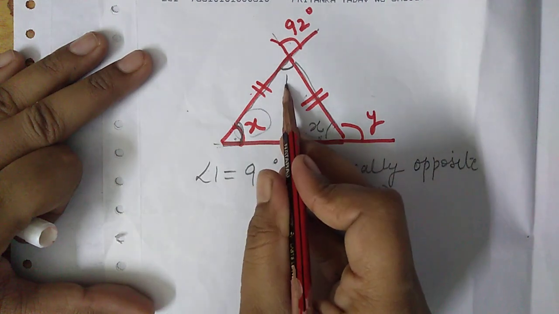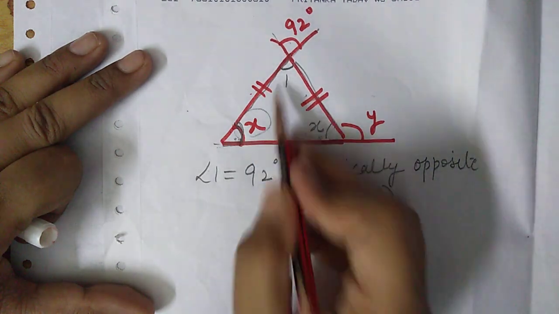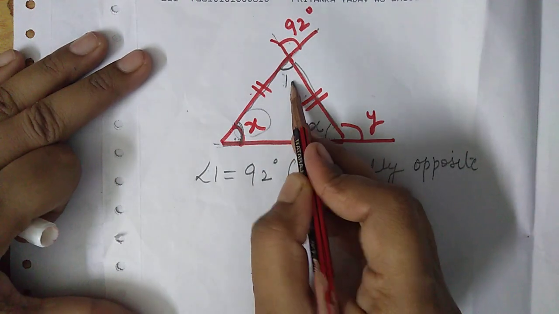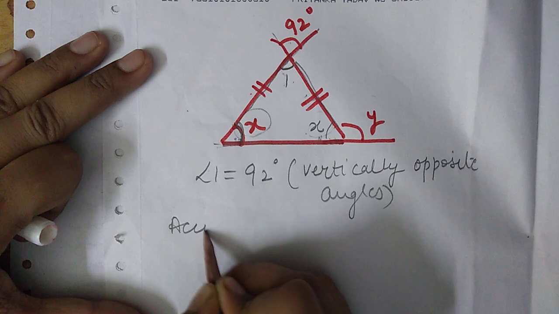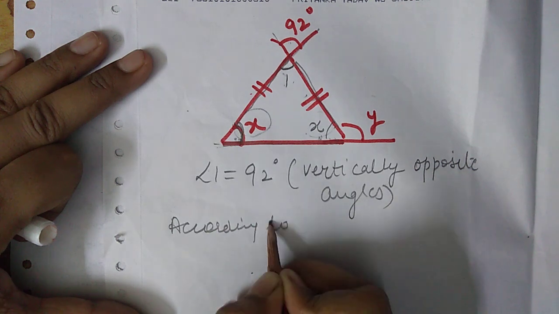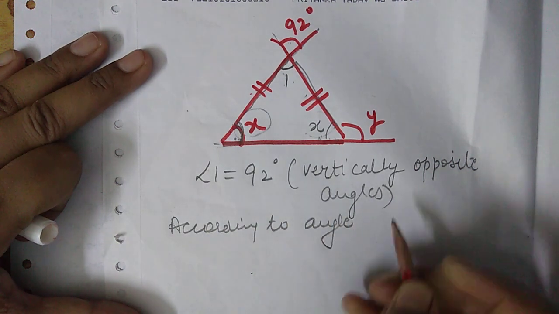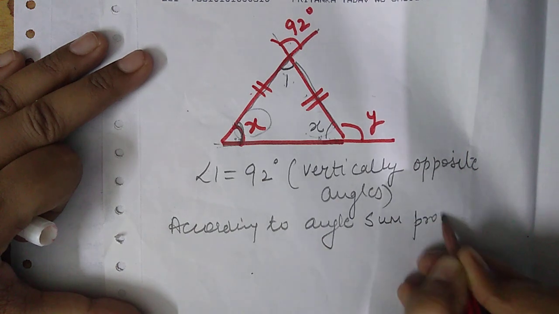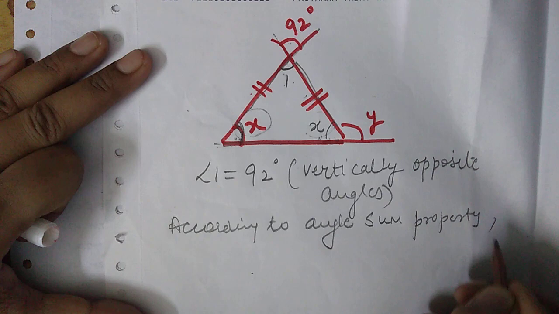Now can I apply the angle sum property for finding x? Yes, I can. Again I am saying, you have to mention the reason wherever you are applying a property.